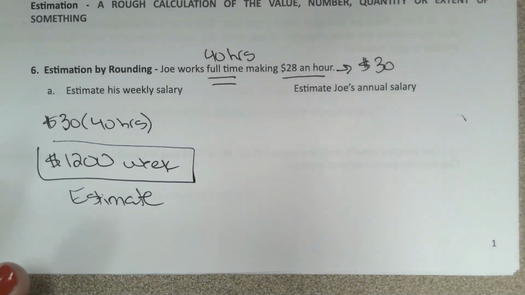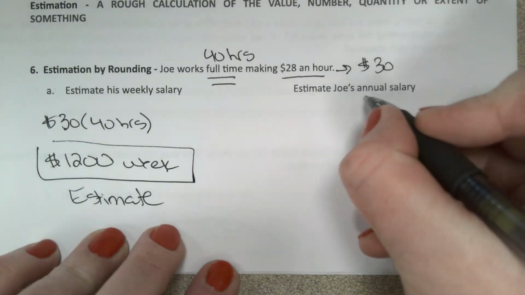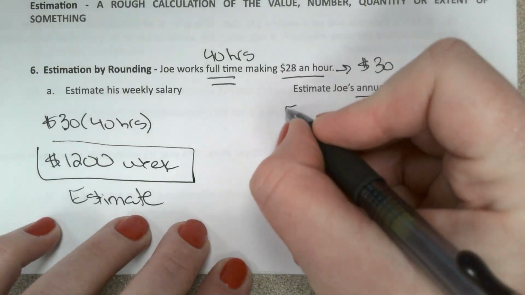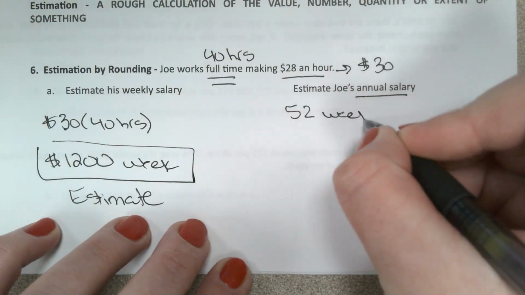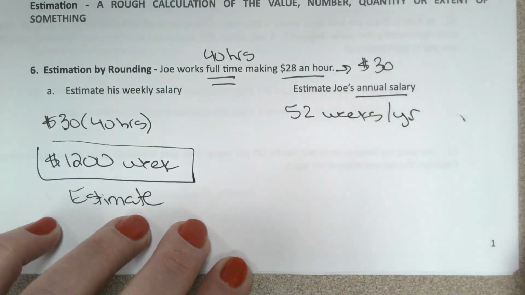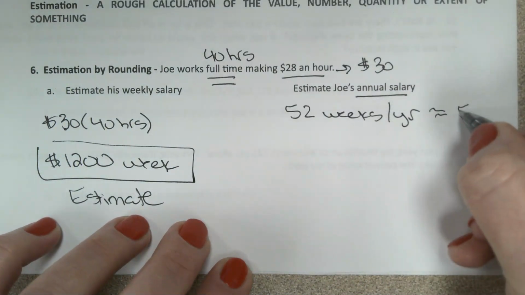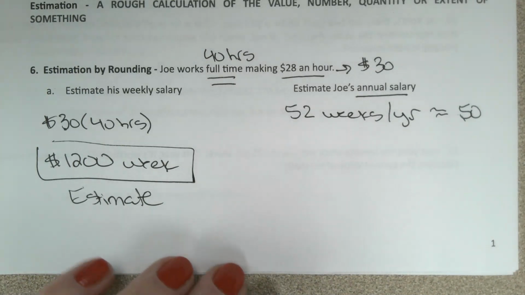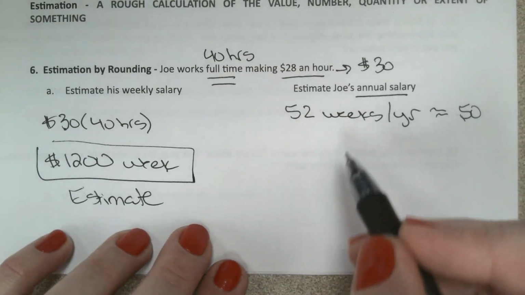Estimate his annual salary. All right, so you have to recall that there are 52 weeks in a year. And I might round and estimate that to 50 weeks so I could do it faster.